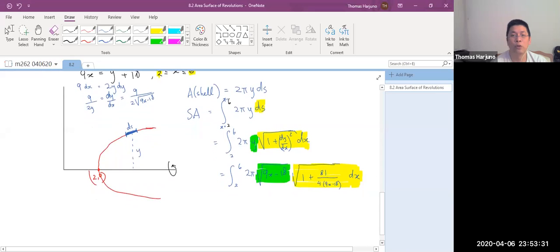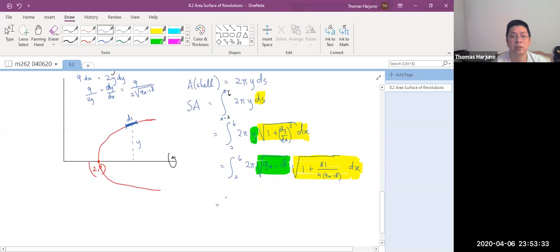Now, what I will do next is, you know what, I think I want to multiply this in. So I get the square root of 9x minus 18 plus 81 over 4 dx.